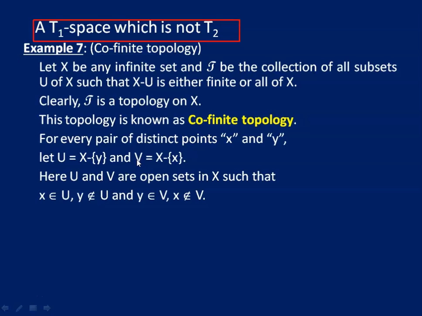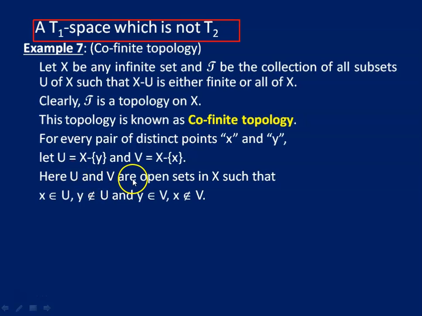Since we have taken the co-finite topology, we can see that the complement of U is finite, because U is X minus y. So the complement of U is the singleton point y. So U is an open set in X. Similarly, the complement of V is the singleton point x, which is finite. So V is also an open set.